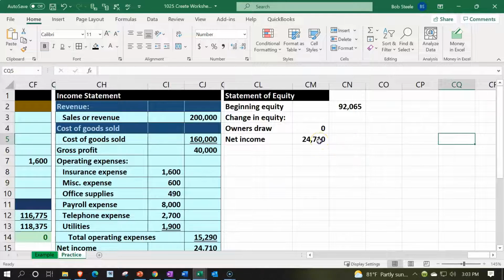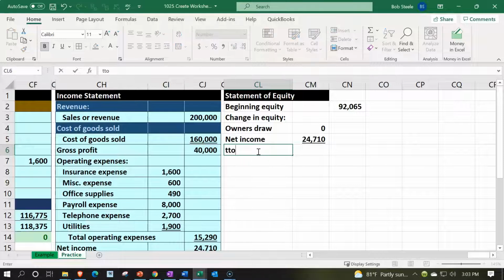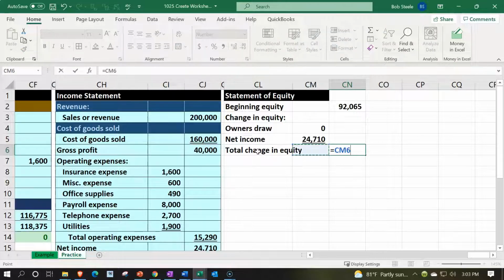And then I'm going to underline this one, font group, and underline. And this will be the total, let's call it total change in equity, putting this in the outer column. It should be 24,000 minus the draws, if there's draws.